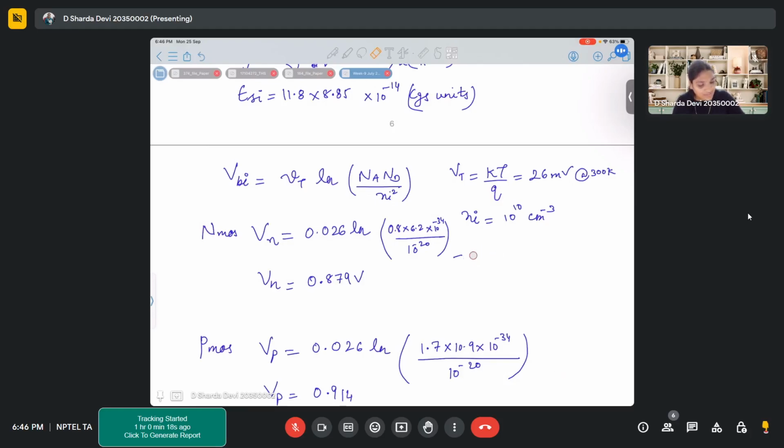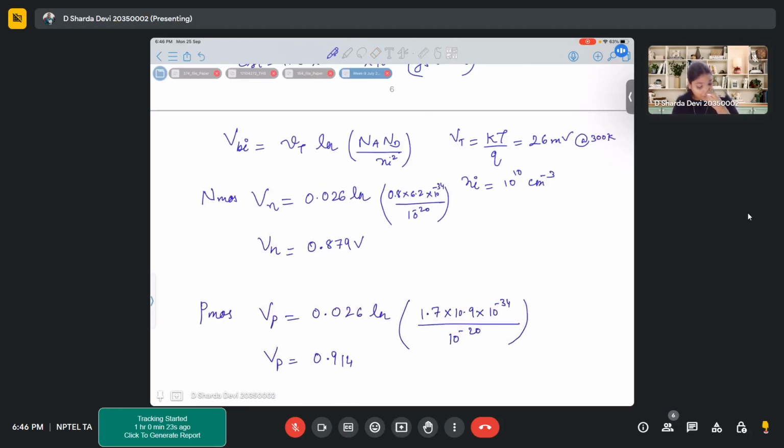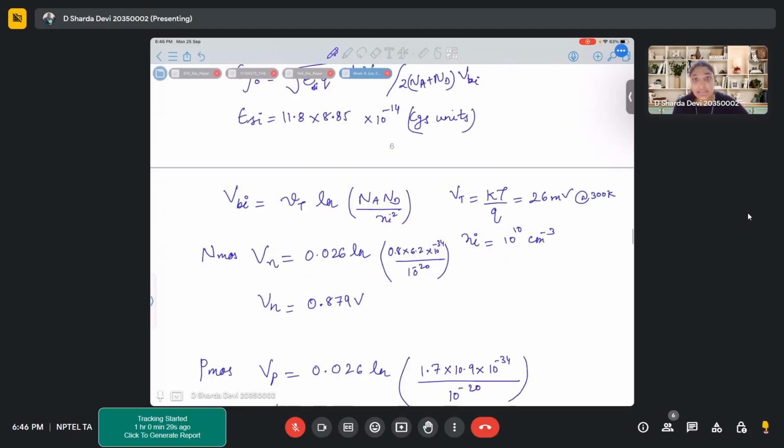But the values that we should get are 0.879 and 0.914.